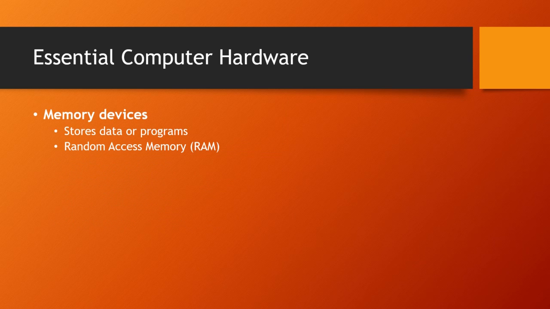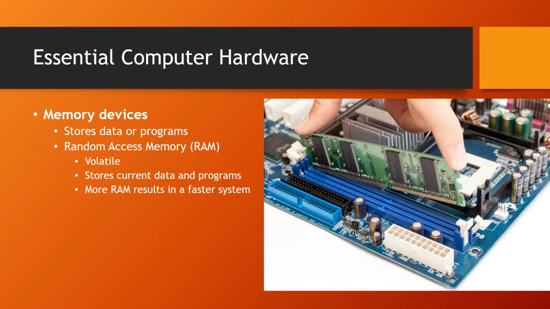We also have memory devices. This stores data or programs. And there are two types of memory device. We have your random access memory, which is volatile memory. Volatile in the sense that when you turn off the computer, all the information or data stored in this type of memory is wiped out.